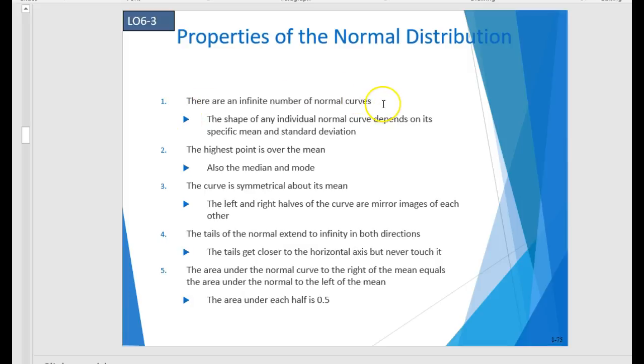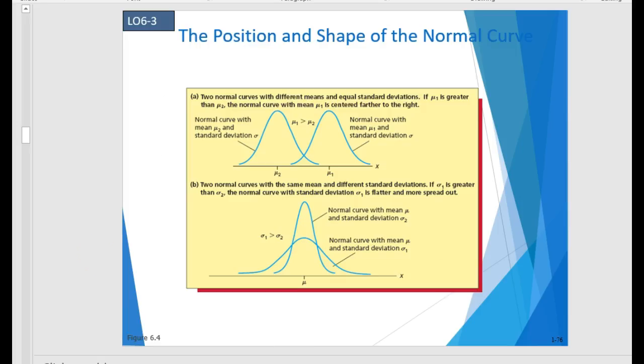But this normal distribution, the normal curve, is perfectly symmetrical, and the mean, median, and mode are all centered about the mean. They're all right in the middle there. Then we just talked about its symmetry. The tails extend off into infinity in both directions, and the area under the curve to the right equals the area under the curve to the left because it's perfectly symmetrical, and then each half has 0.5, which makes sense because then the total probability is 1 for the whole thing. Okay.